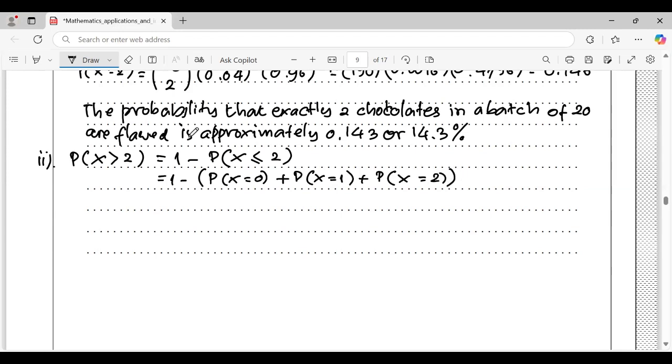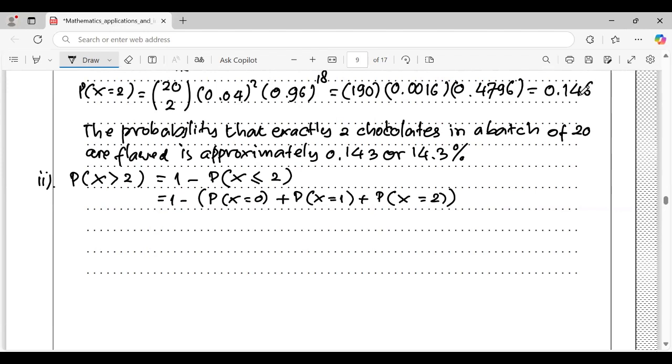Probability x equal 2 we already calculated, the probability is 0.146. It means we are going to calculate probability x equals 0 and probability x equal 1.